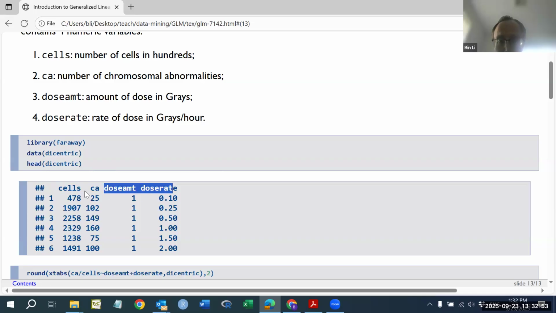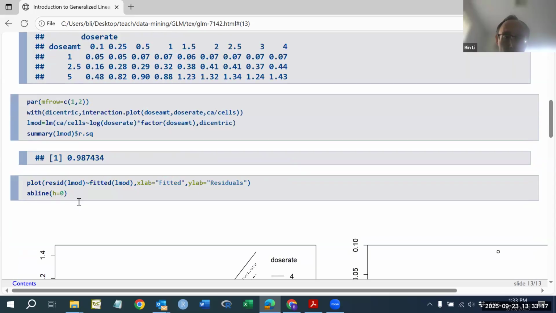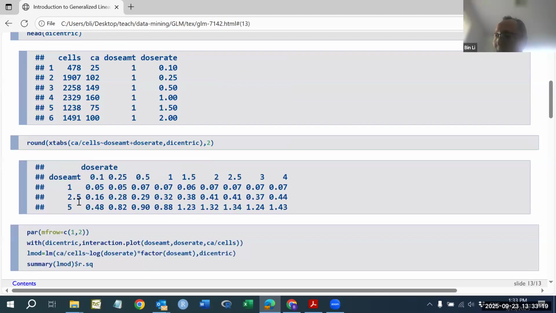These two are the treatments, but this is the size variable, because the chromosome abnormality count is related to the number of cells, right? If we have a large number of cells, of course, the number of chromosome abnormalities will go higher, right? So this is an example to use the rate data.